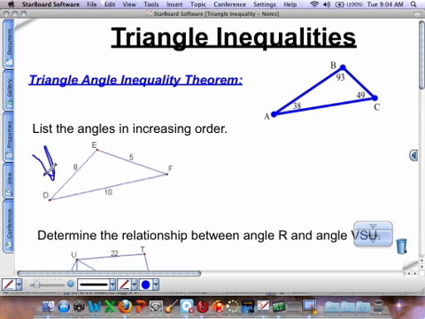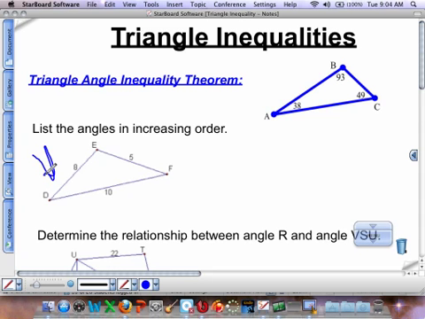Not the vertex. Where would I find the largest angle for any triangle? The angle between your two sides? Yeah, or opposite of the longest side. And that's what this is talking about right here.